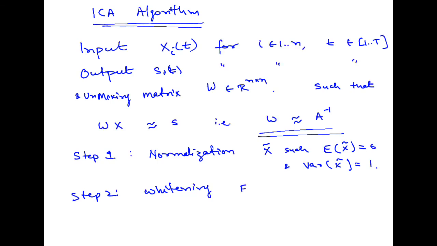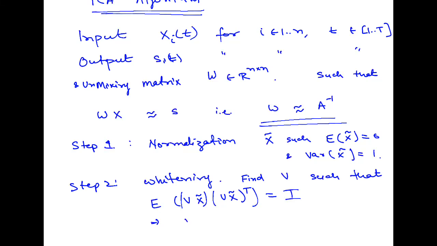That means find V such that expectation of V x tilde times V x tilde transpose equals I, which is nothing but V expectation of x tilde x tilde transpose V transpose equals I.